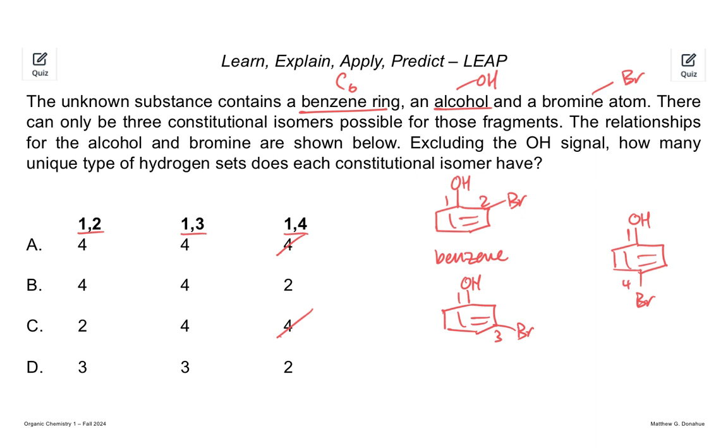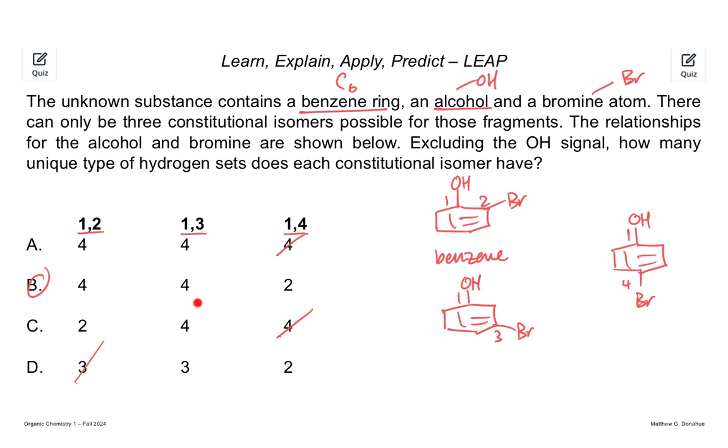So it looks like we can eliminate D. So our answer is going to be B, but let's verify that the 1-3 also has 4 unique signals. 1, 2, 3, 4. So the issue now is you see how the 1-2 and the 1-3, they both have 4 unique sets.